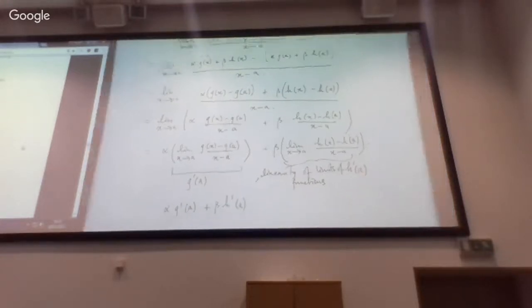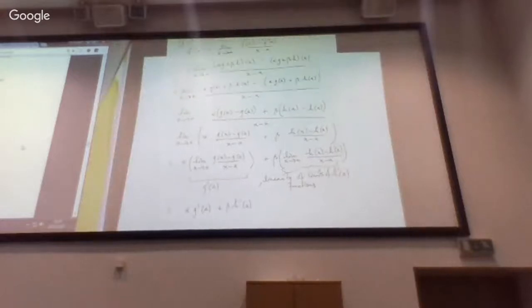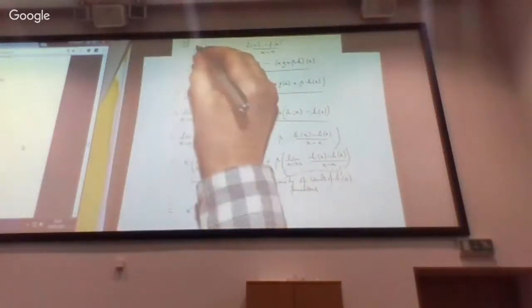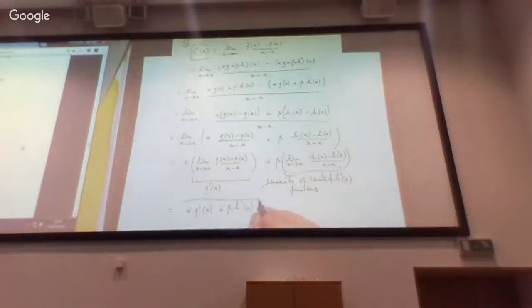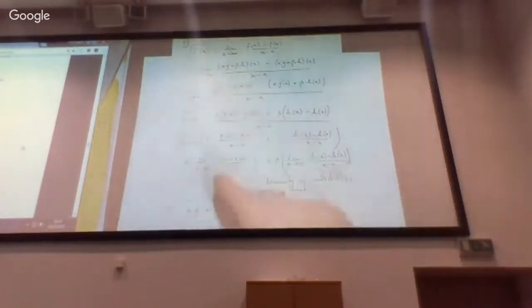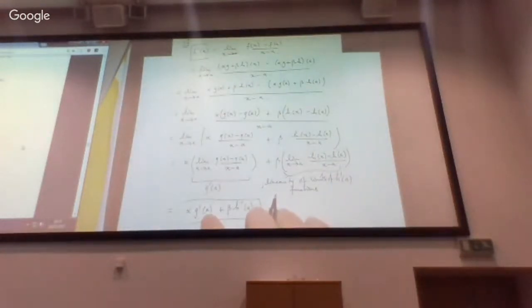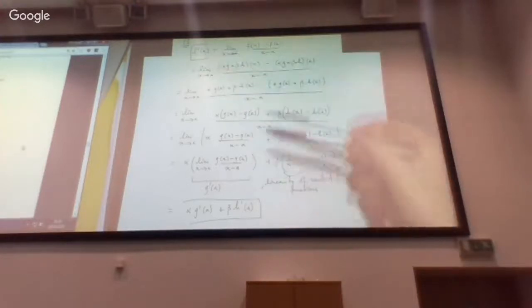So from the beginning to the end there, I've got exactly the linearity result. On the left-hand side, the derivative of f is equal to alpha times the derivative of g plus beta times the derivative of h. And that is true at every point a in the domain. There's no restriction, there are no special properties being used here at point a.